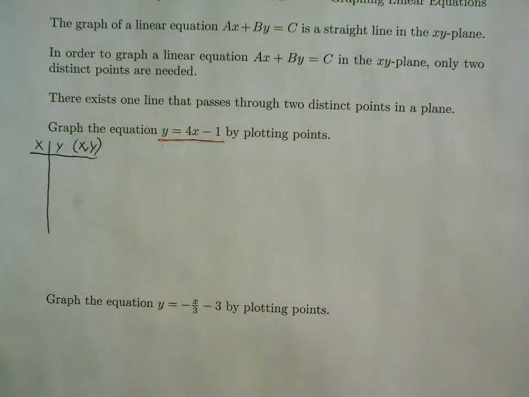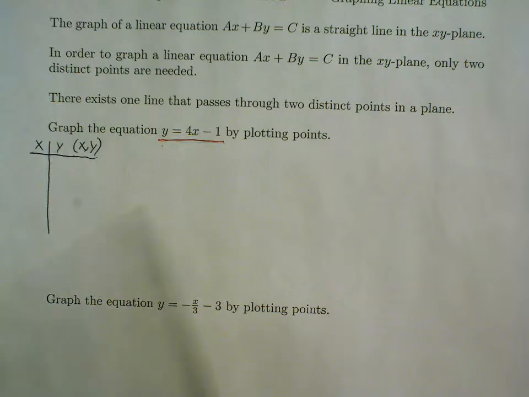Do that for two different values of x, and we'll have two different ordered pairs. You get to pick x to be anything you want, but usually we try to pick something that's easily managed.